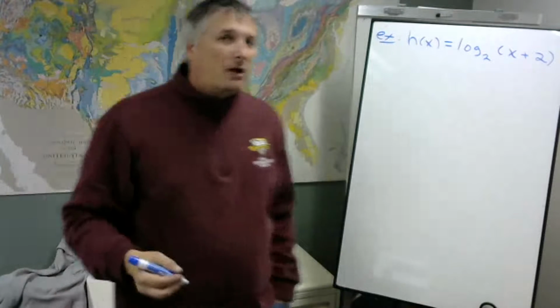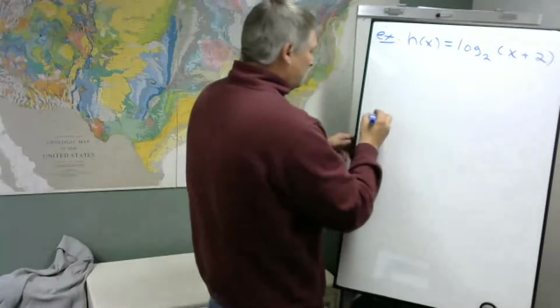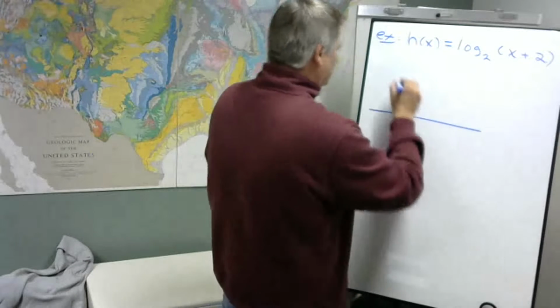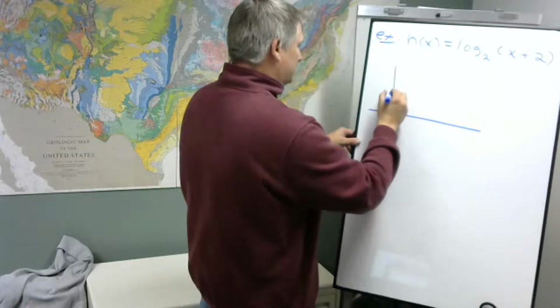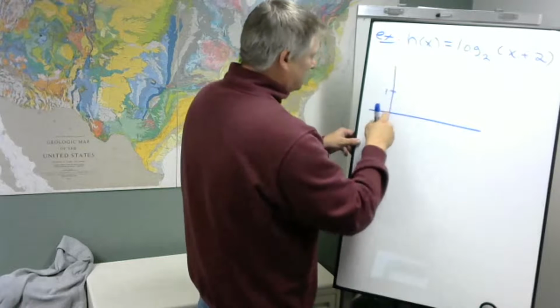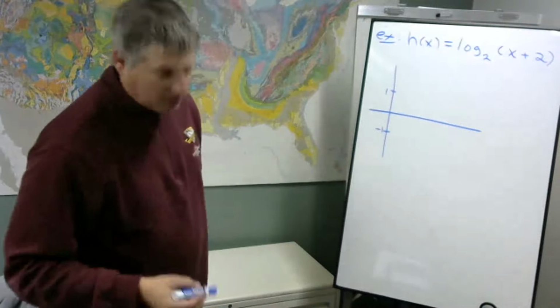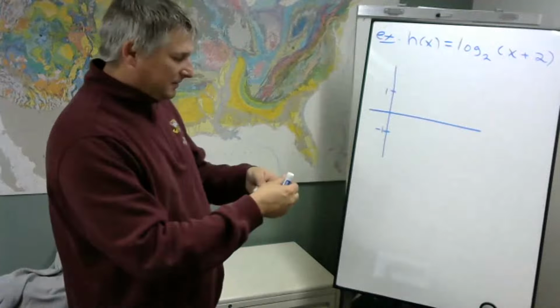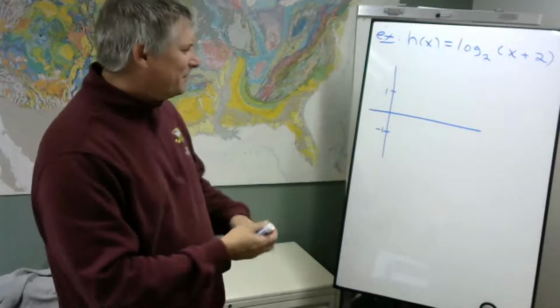Now again, we want to start out with the canonical function, log base 2 of x. And we graphed that earlier, and this is what we had. And those are outputs, -1, 0, and 1. Well, I'm sorry, they're the inputs, but, well, actually, no, they are outputs.